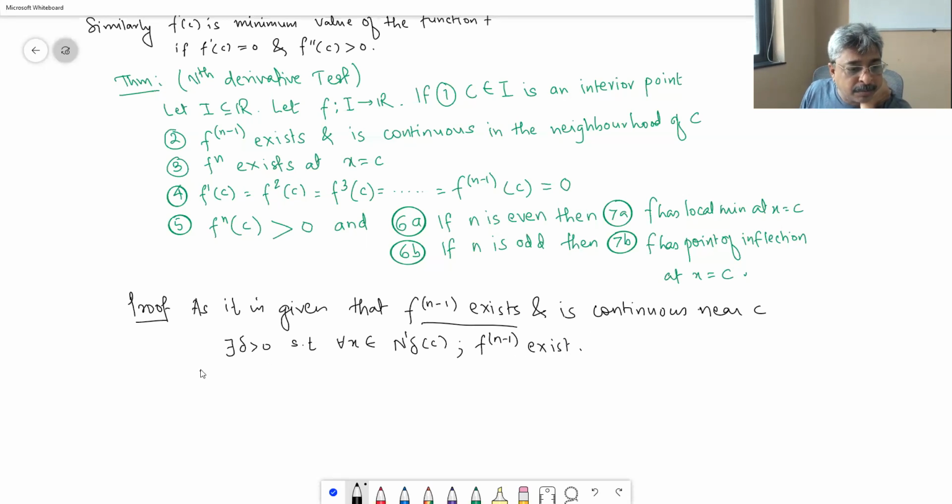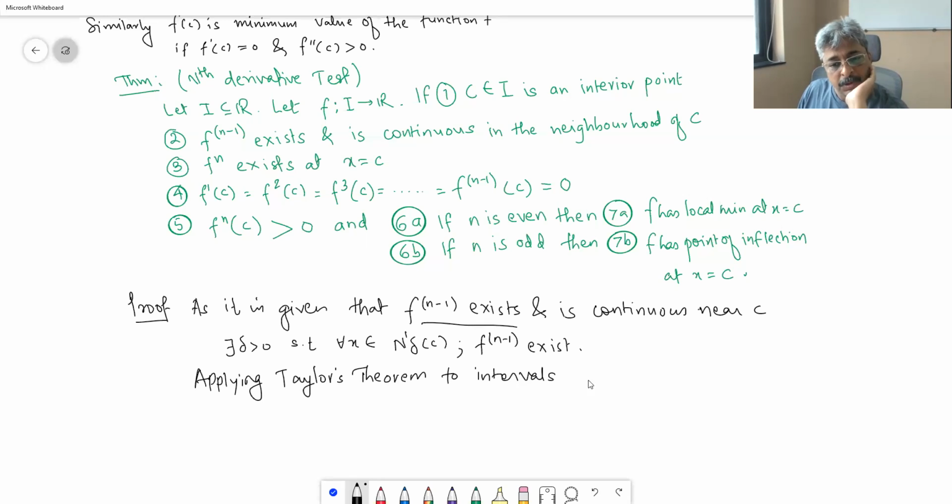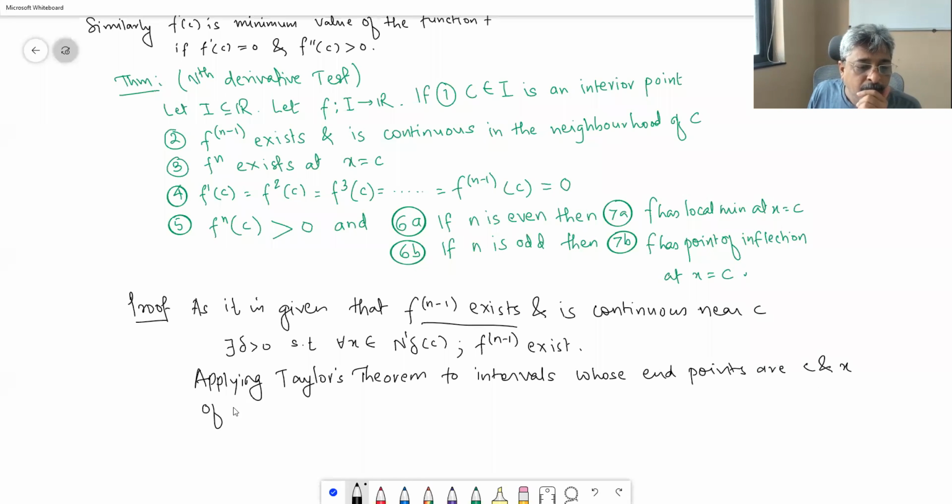Therefore, applying Taylor's theorem to the interval whose endpoints are C and x, of order n minus 1.